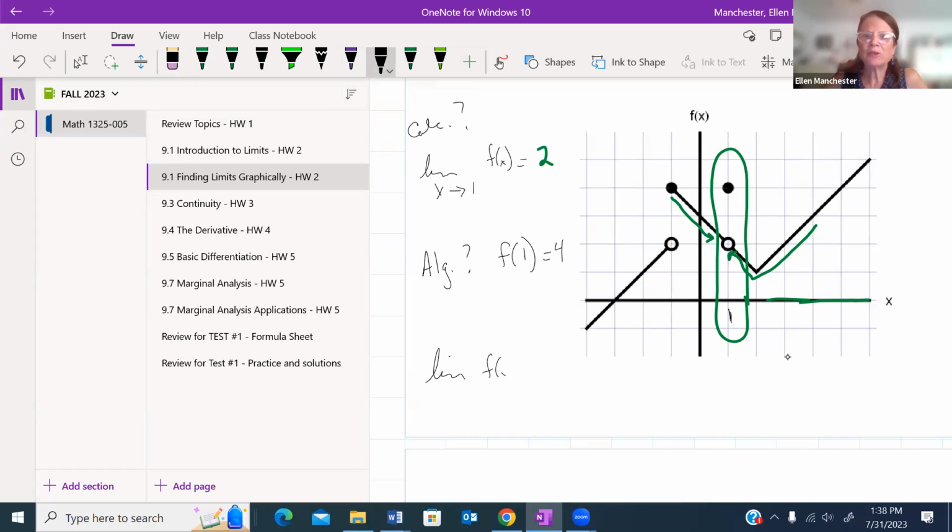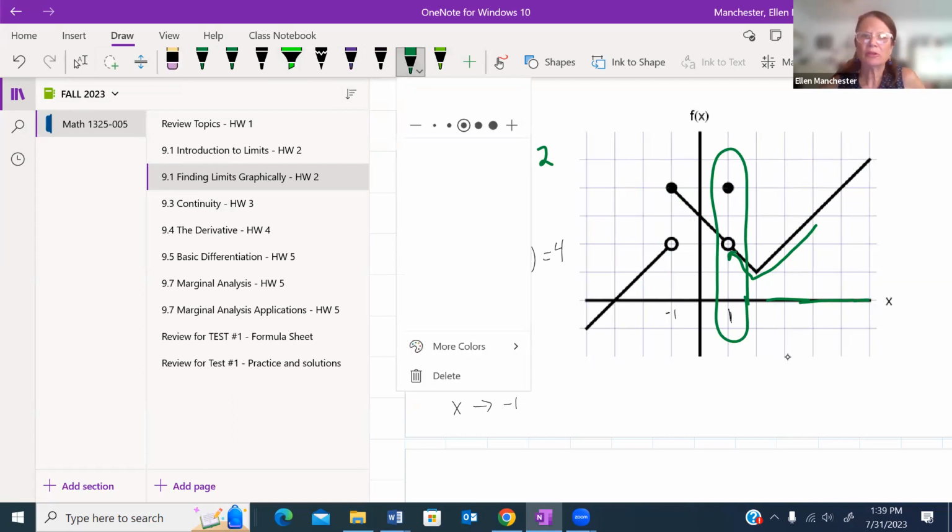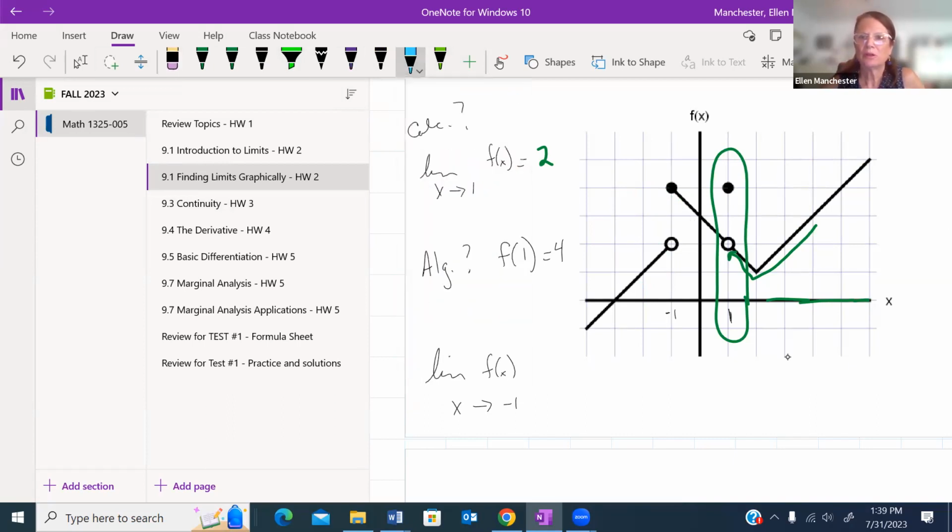The limit of the function as x approaches -1. So now we're looking here. Now let me change colors here. Now we want to see in this area. And hopefully you're already seeing a problem.